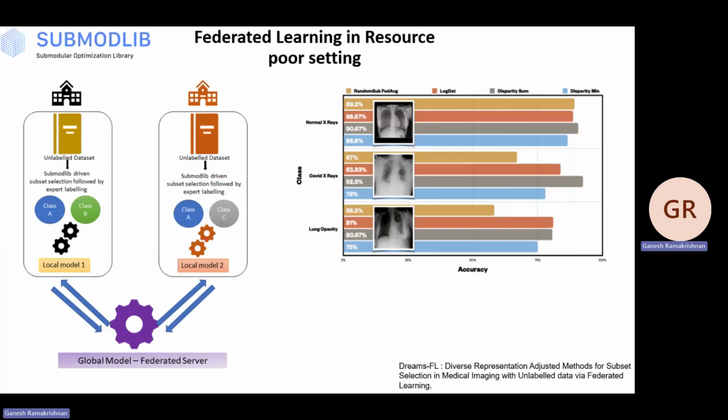Subset selection can help make this very robust. Instead of having to annotate all the data in each of those, you identify a subset that is clear, and through some federation you are able to learn or share representation.